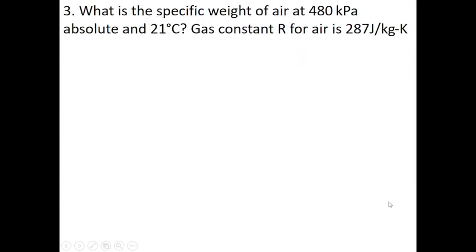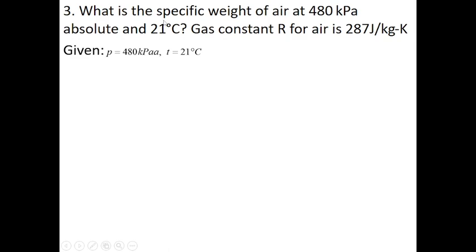So number 3, what is the specific weight of air at 480 kilopascal absolute and 21 degrees Celsius? The gas constant R for air is 287 joule per kilogram Kelvin. So we have the pressure of 480 kilopascal, and it is expressed in absolute.